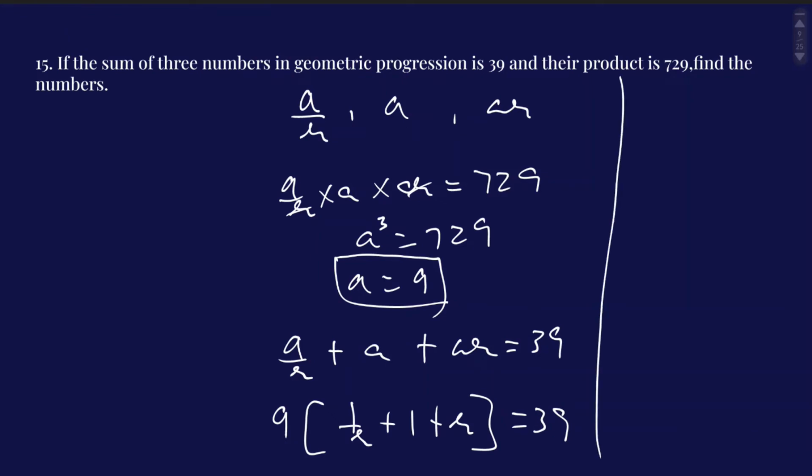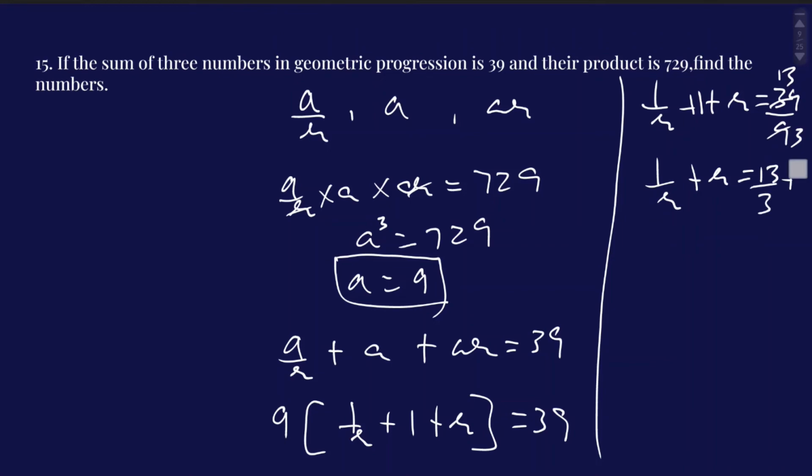Okay, so 9 will go to the right hand side. It will be 1 by r plus 1 plus r is equal to 39 by 9, or 1 by r plus r is equal to, this will get cancelled, 13 by 3 minus 1.